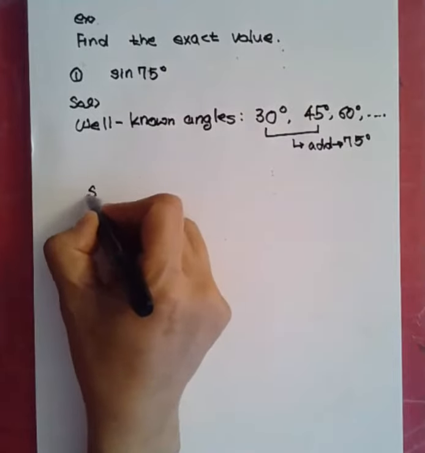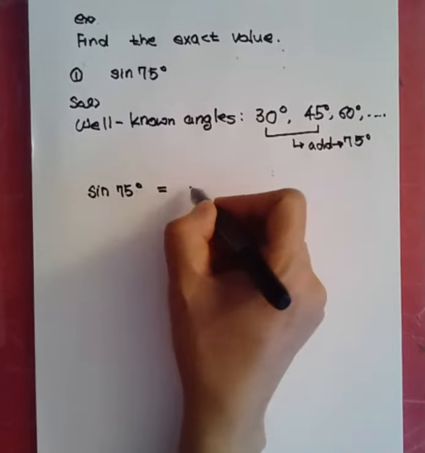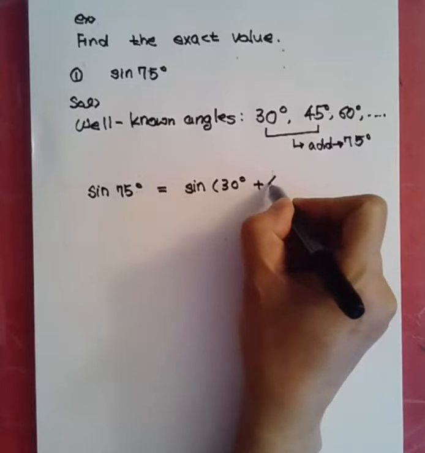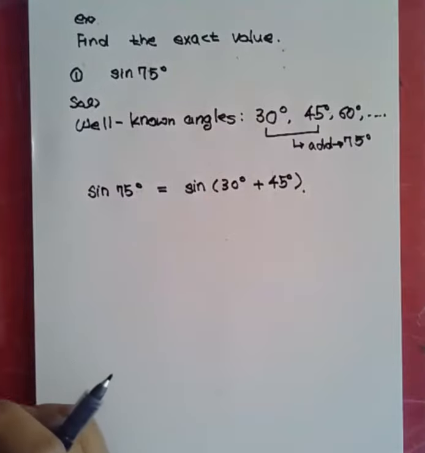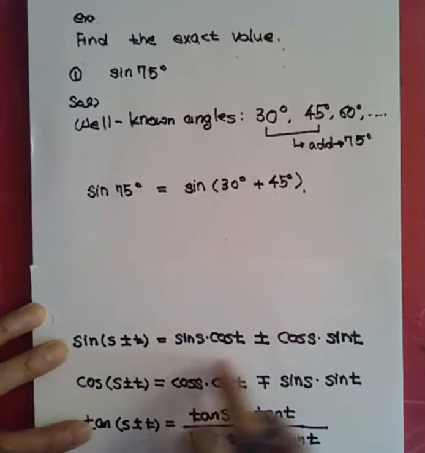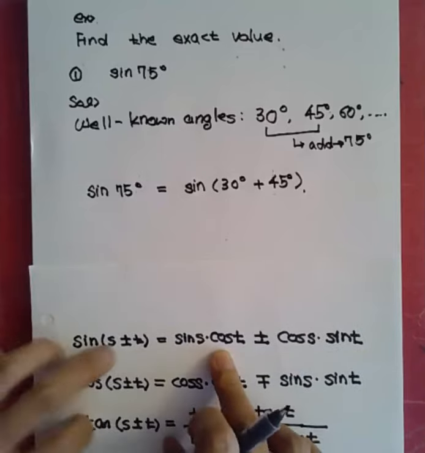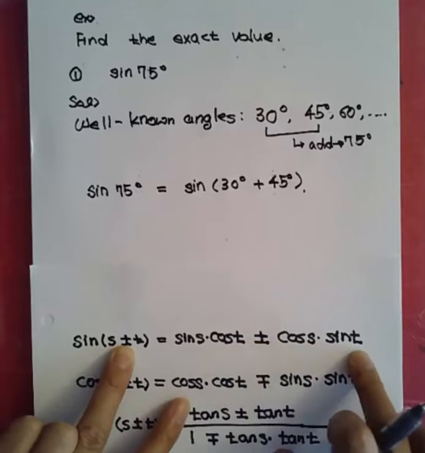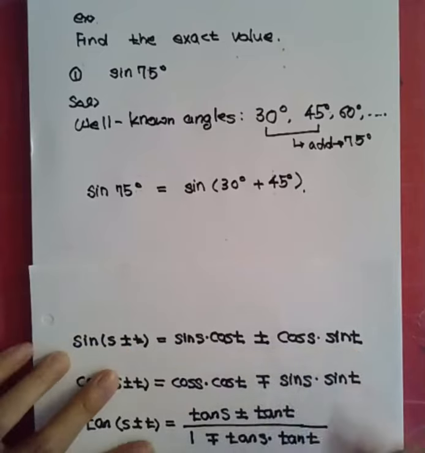So the way we interpret the angle 75 degrees will be the sum of 30 degrees plus 45 degrees. If you look at the formula, the sine formula combines sine and cosine. The middle sign will be preserved, and then it's sine times cosine, plus cosine times sine.